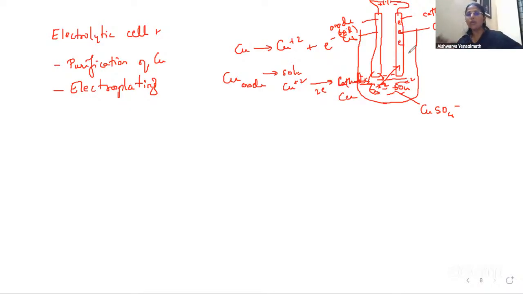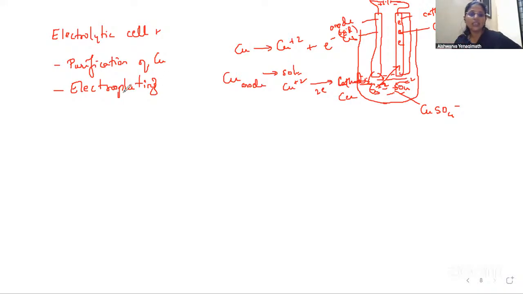So after some time, at the anode only copper is lost, all other things won't come. Only copper is getting out into the solution and it is in turn going and depositing on the cathode. So the cathode rod, after some time, will go on becoming thick and thick. So you can see the deposition of copper on the cathode rod.